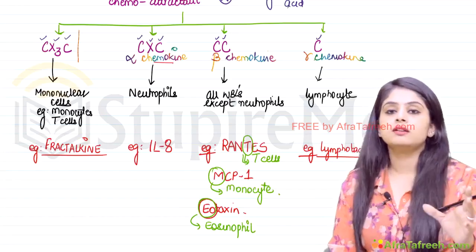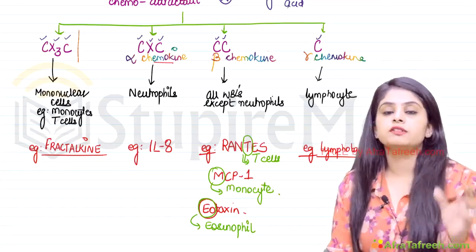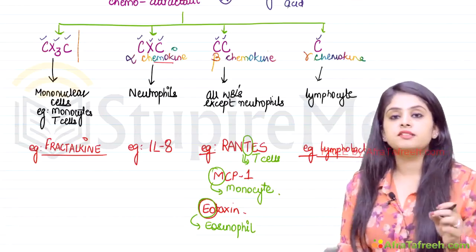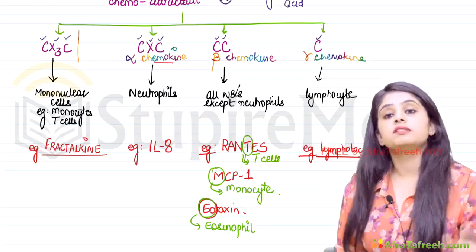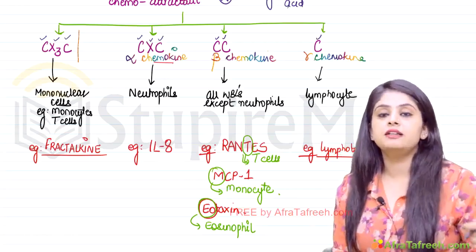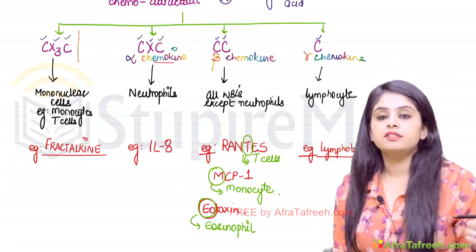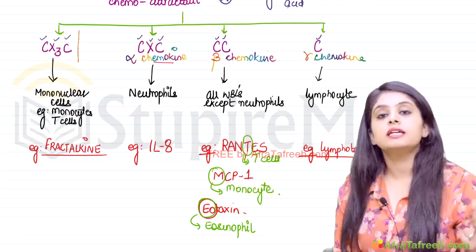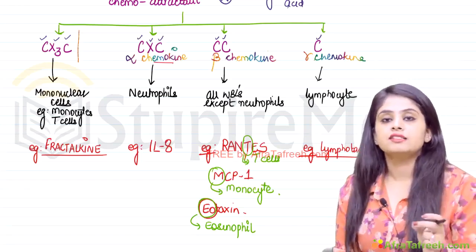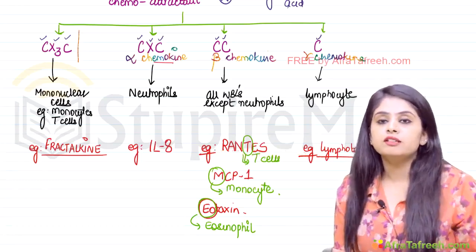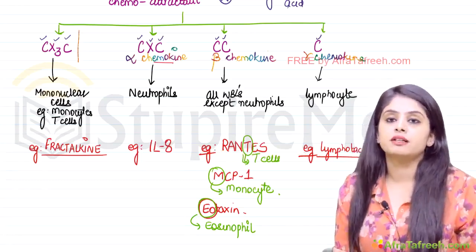This is only designed for neutrophils, example interleukin 8. Next is CC. All WBCs except neutrophils will be brought by this, like RANTES, T for T cells, MCP1, M for monocytes, eotaxin for eosinophils. And lastly, we have the gamma chemokine, which is going to bring the lymphocytes, example lymphotactin.